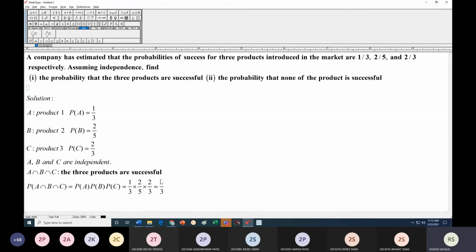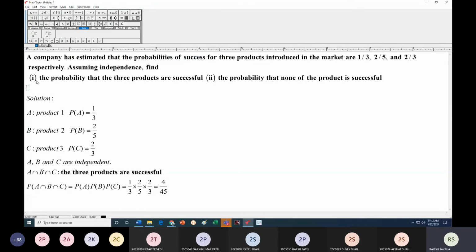What is your final answer? Numerator is 4, denominator is 45. Am I right or wrong? Yes, sir. So out of 45, there will be 4 cases in which all 3 are successful. Is that okay?